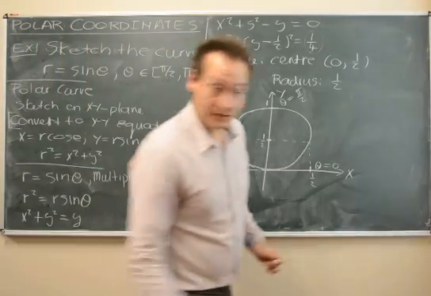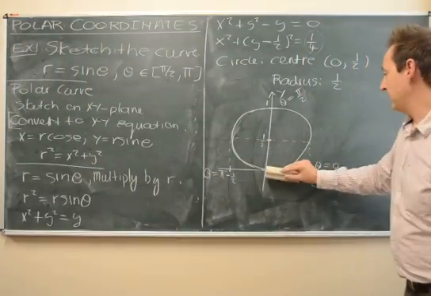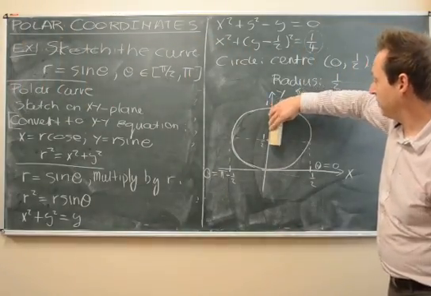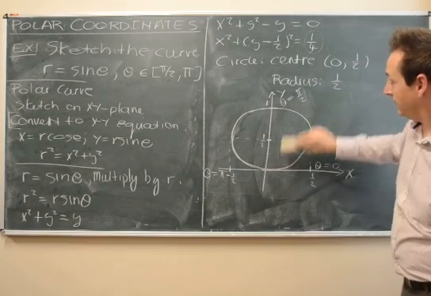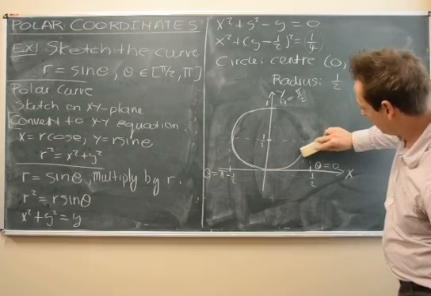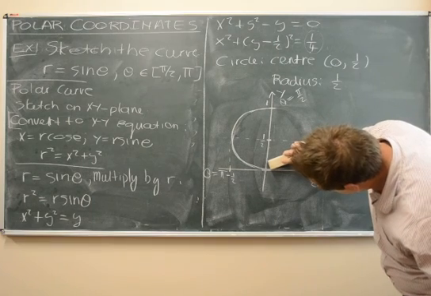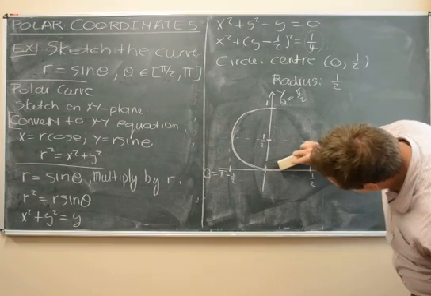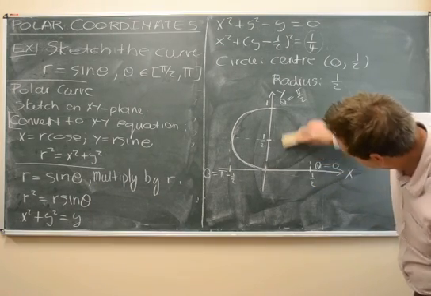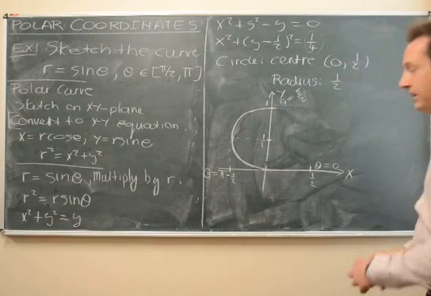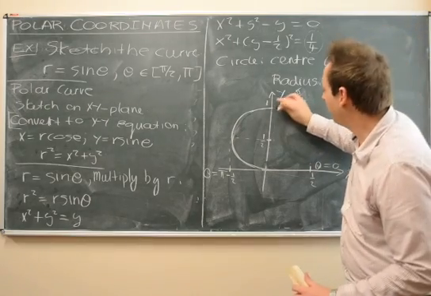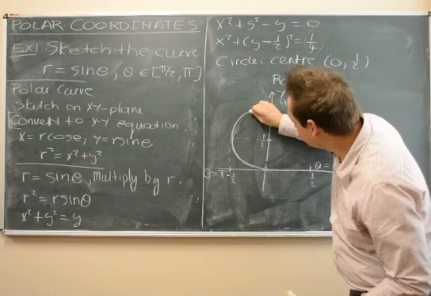Which means we're not interested in this bit. So that is not the part of the curve we're looking for. The curve we're looking for is actually just a half circle.